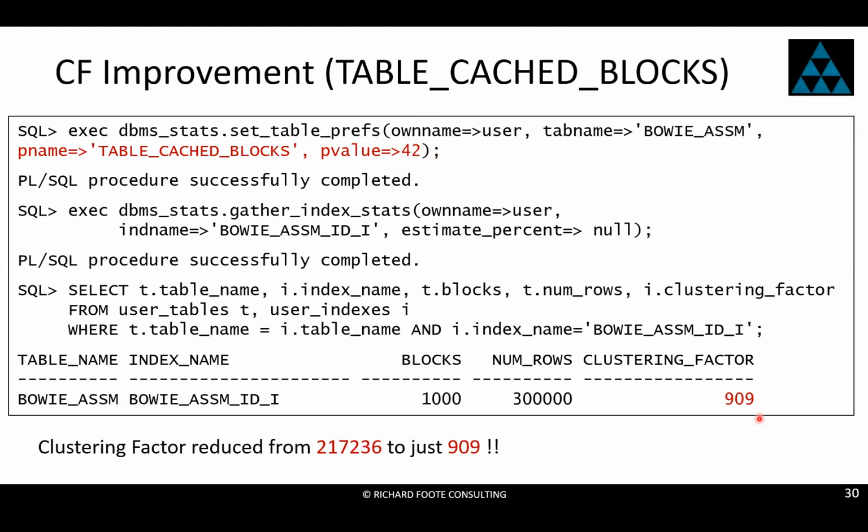And the result is now I have a tiny clustering factor. And what I would like to say here is it's actually a much more accurate clustering factor. This was artificially incremented because the calculation was just all wrong. Here it's making much more sense. If it's one of the last few, don't worry about incrementing the clustering factor.